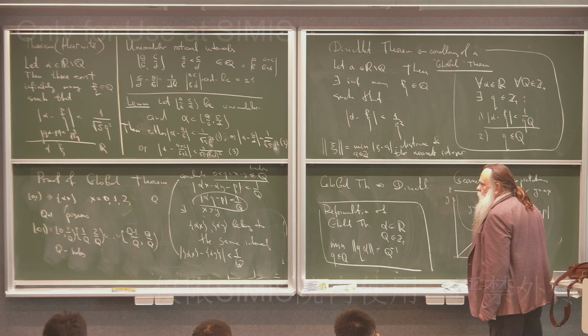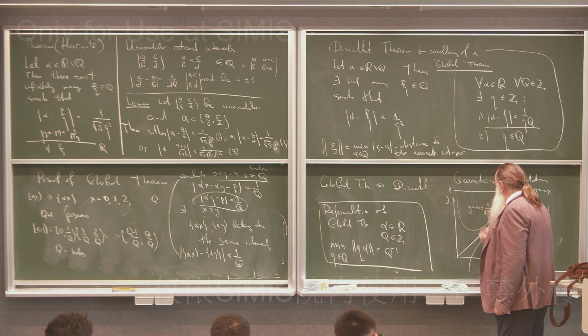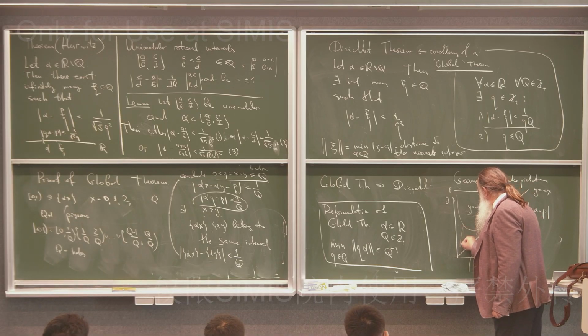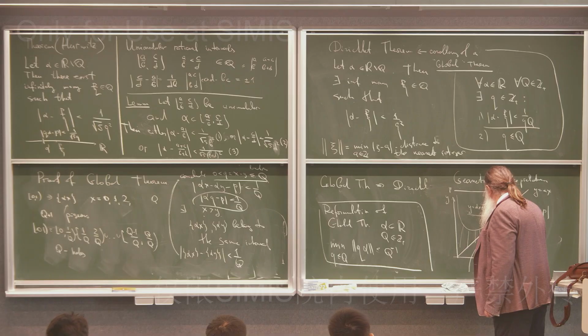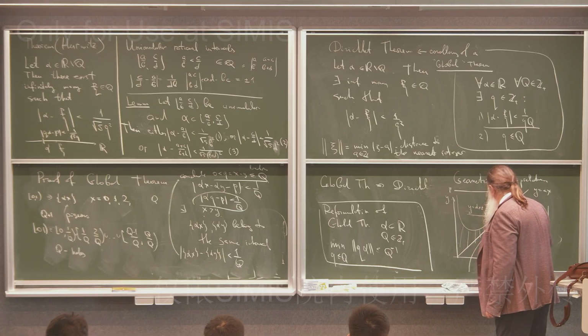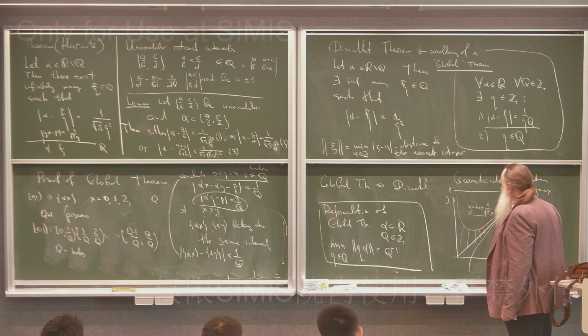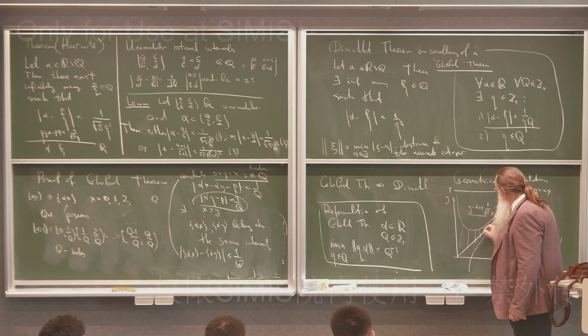So Hurwitz's theorem says that if we consider these two hyperbolas, and the following infinite domain around the line y equal alpha x, then there are infinitely many integer points in this domain.